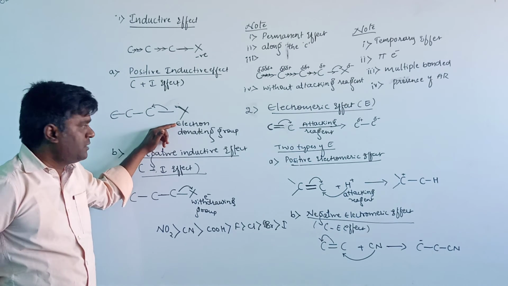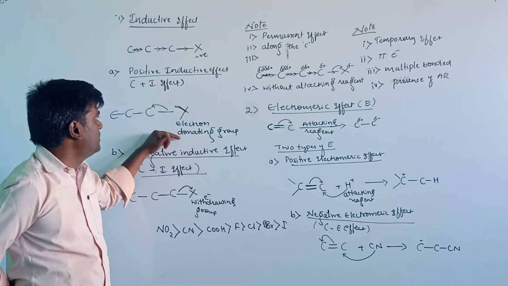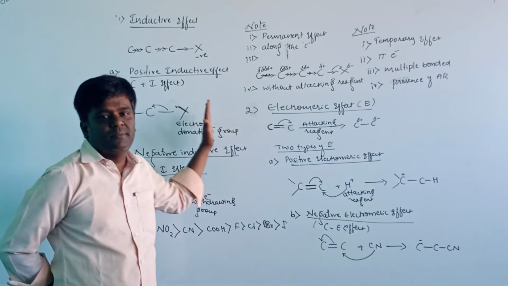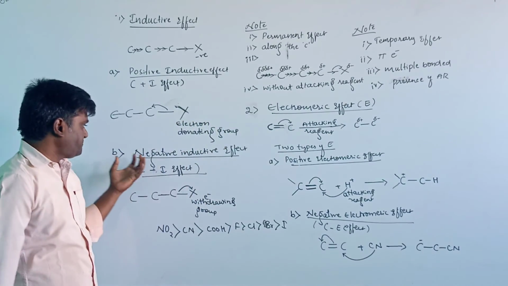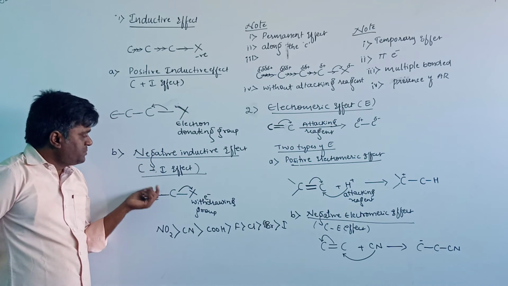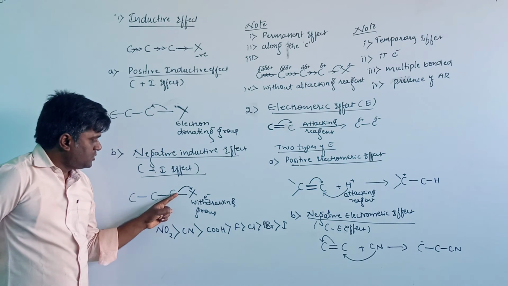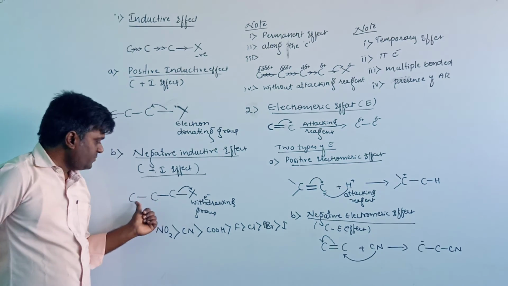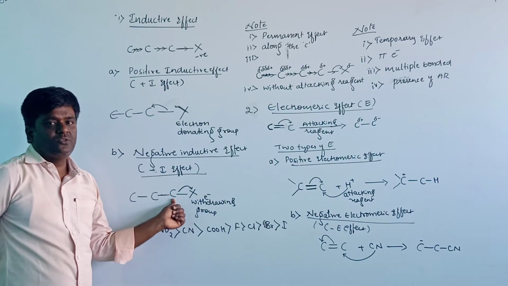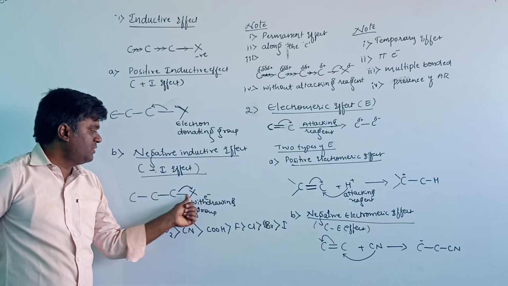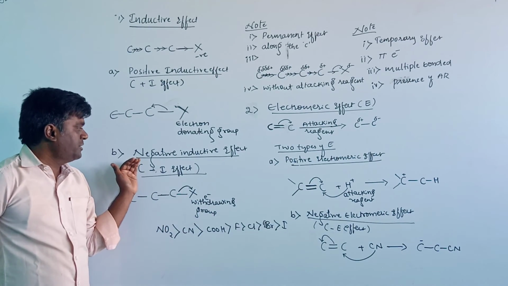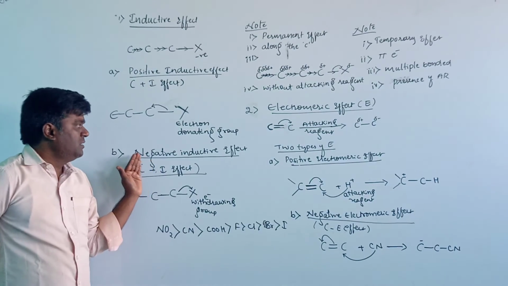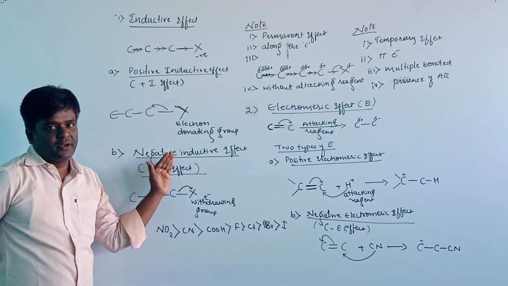Then the displacement of electrons towards the substituent group, away from the carbon chain, is known as minus I effect or negative inductive effect.